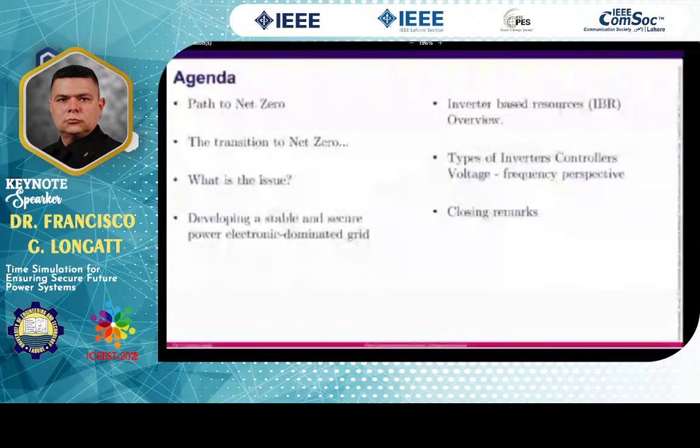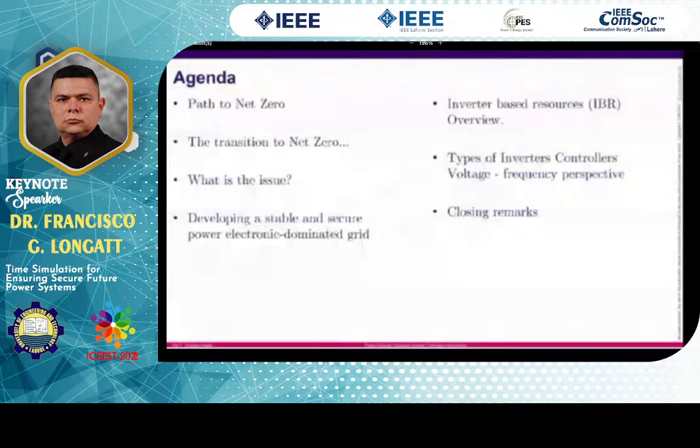But now, what is the agenda? The agenda for today is extremely simple. I will start with a short description about the path to net zero. We are moving to reduce the carbon emissions to reach net zero, and even some countries are thinking about negative carbon emissions.